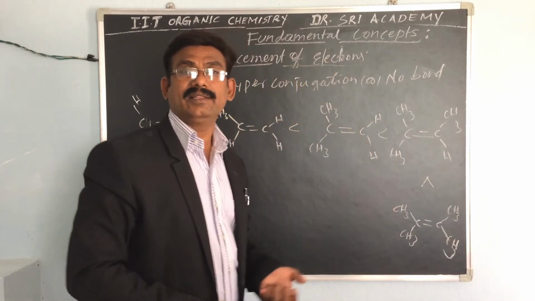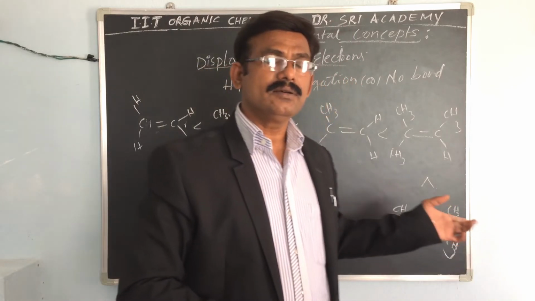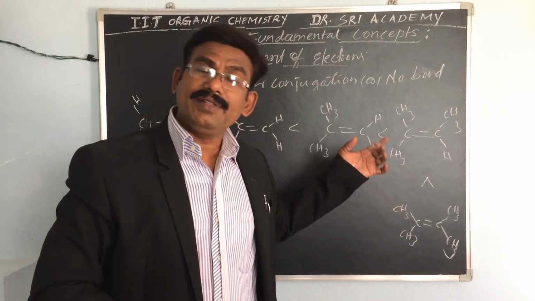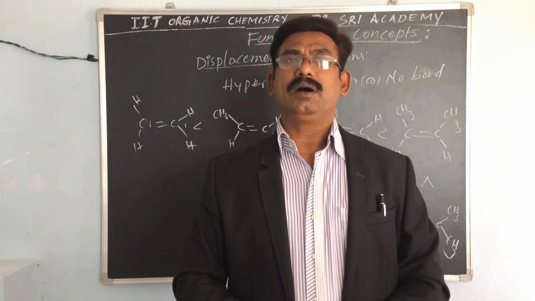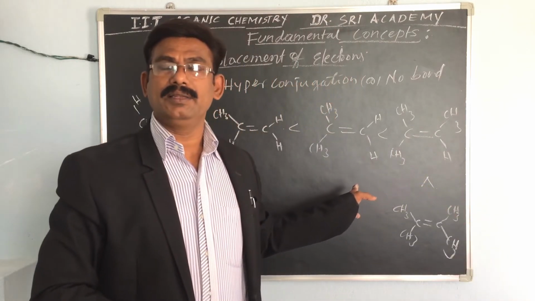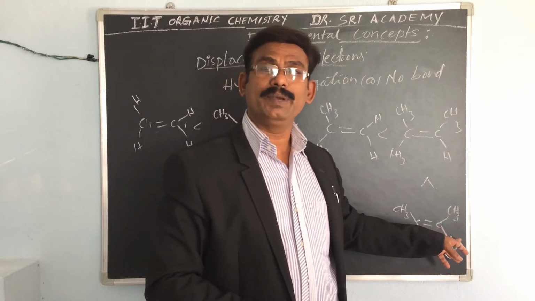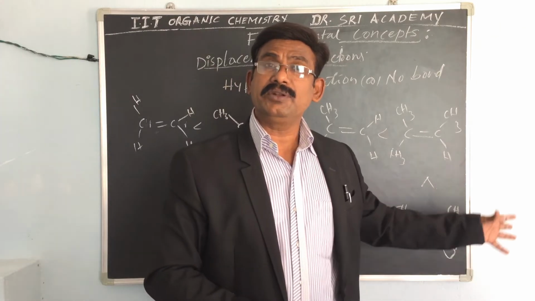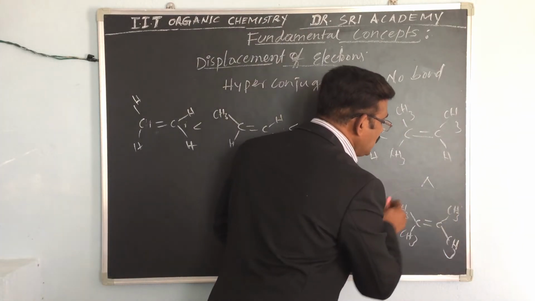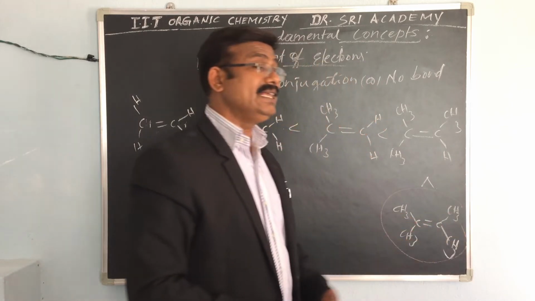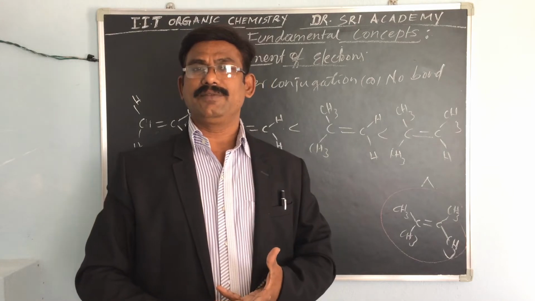Increasing order of the stability of alkene with increase in the methyl groups on the double bond. See here, the 4 methyl groups, the highest number of groups are there. So it has higher stability. This compound has higher stability due to the hyperconjugation effect.